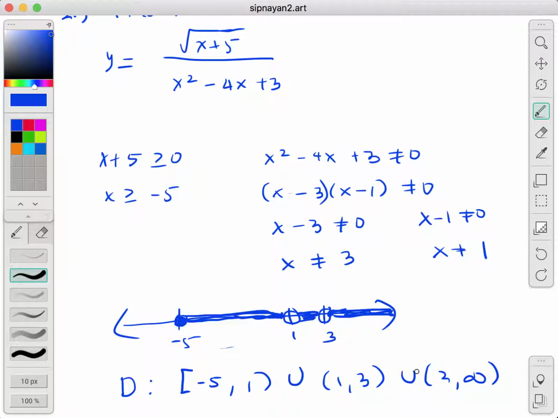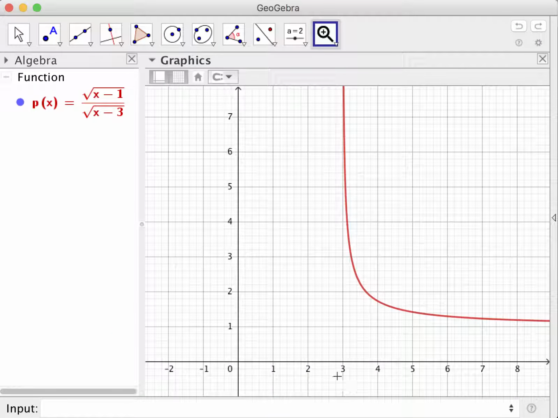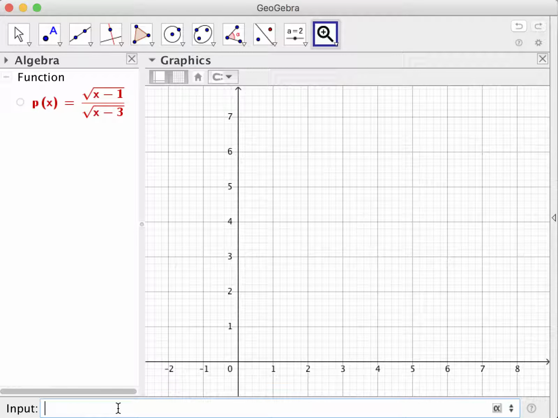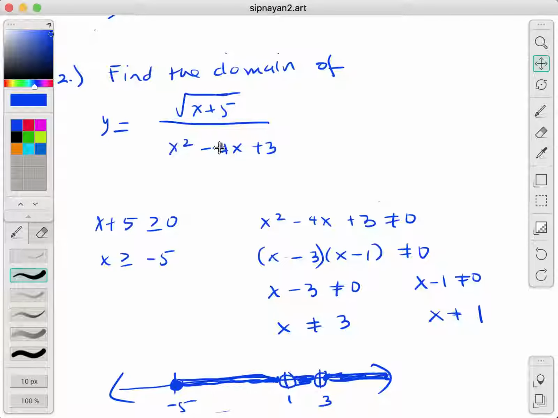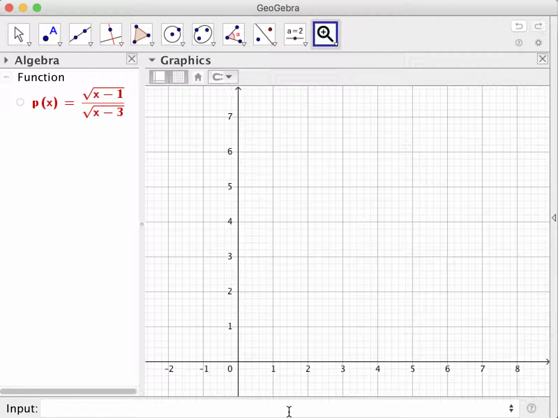Nakaka-curious ko na yung graph nito. Actually, nakita niyo na yung graph kanina. No? So, we can just hide this. We have y equals, ito yung ang ating function. We have y equals square root of x plus 5.